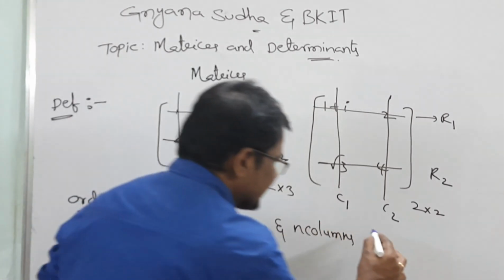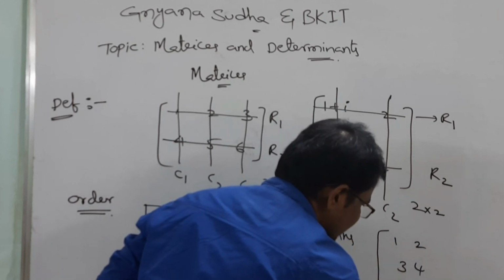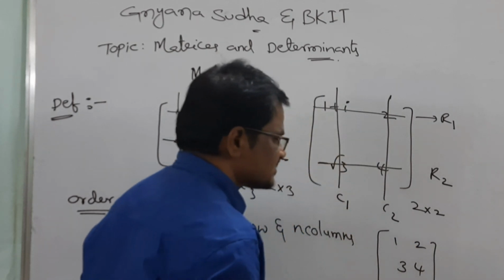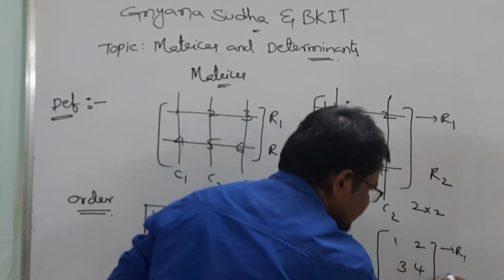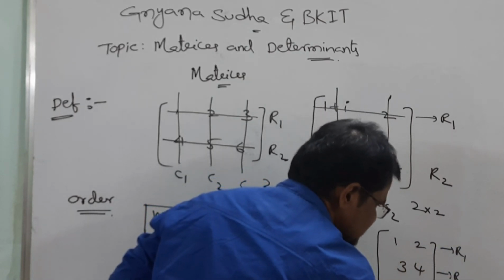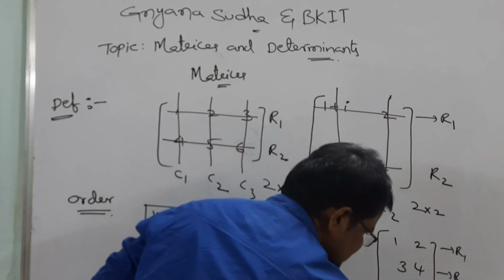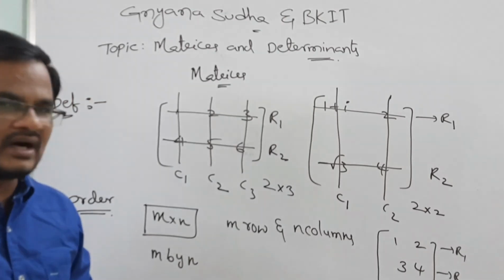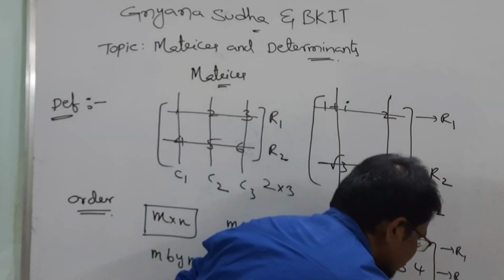If you take one example, 1 2 3 4 5 6, this is R1, this is R2, this is R3, this is C1 and this is C2. R1, R2, R3, C1, C2 means 3 rows, 2 columns.